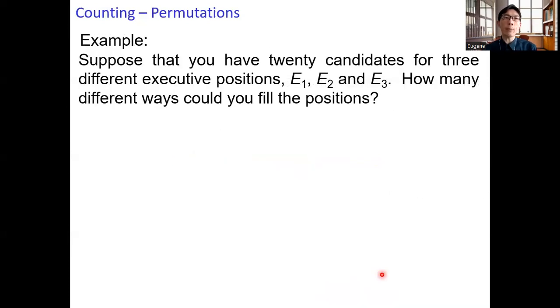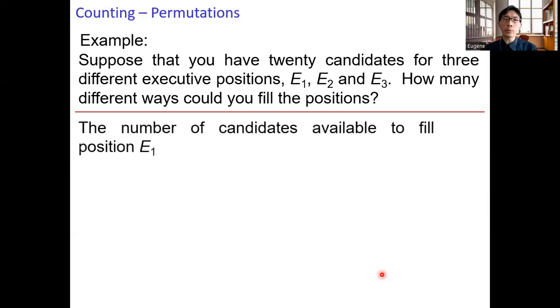Let's take a look at an example. Suppose that you have 20 candidates for 3 different executive positions, positions E1, E2, and E3. How many different ways could you fill the positions? For the first position, the number of candidates available to fill position E1 is 20.